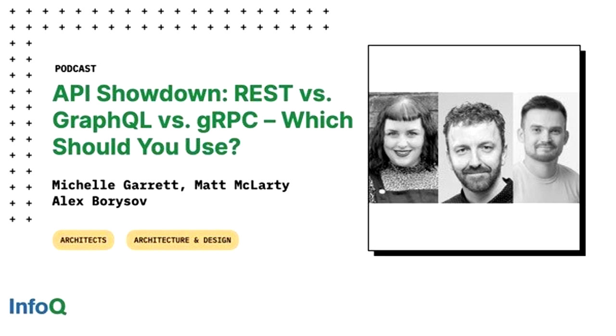Now that I've said I'm not going to paint them into a corner, I'm going to tell you which panelist is in which corner. So representing gRPC, we have Alex Borisov. Alex is currently an engineer at Netflix and was previously at Google, who gave us the G in gRPC. Hello, Alex. Next, Michelle Garrett is part of the team building Twitter's large-scale GraphQL API. Twitter picked her up after she did an amazing job implementing GraphQL at Condé Nast, where surprisingly, they did not put the GQ in GraphQL.